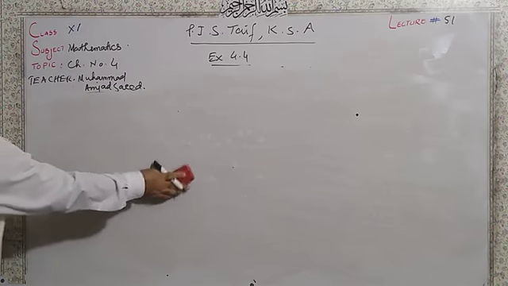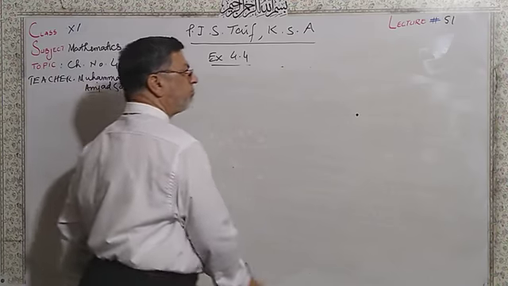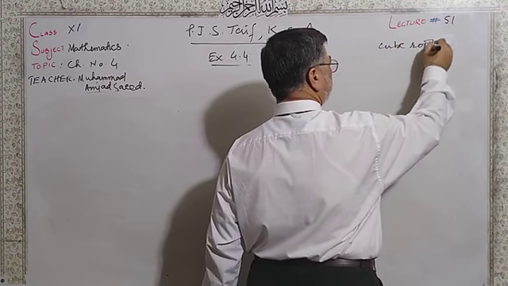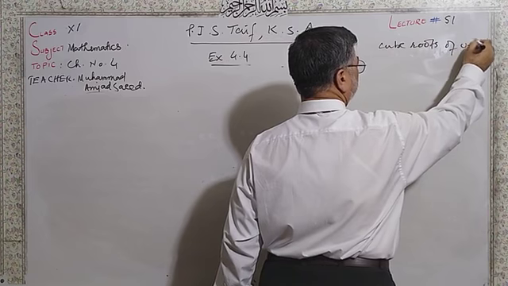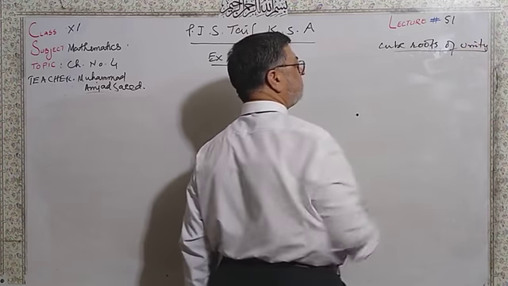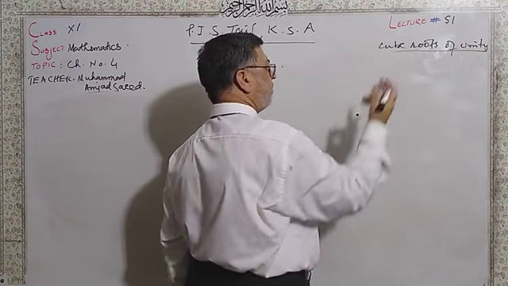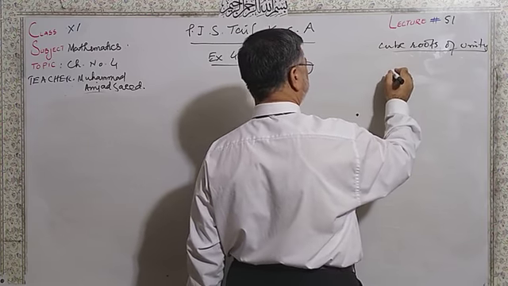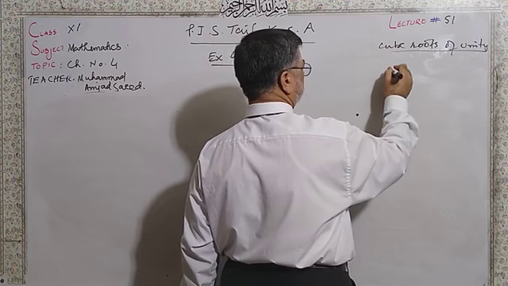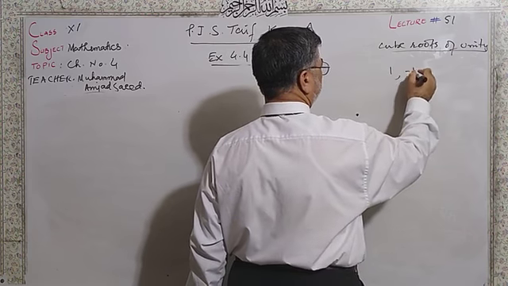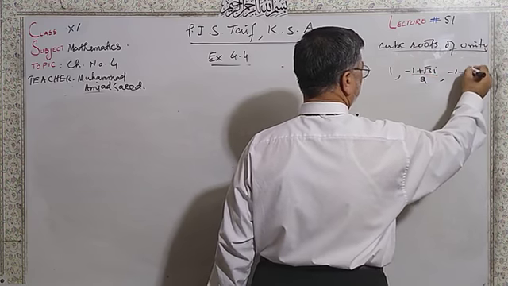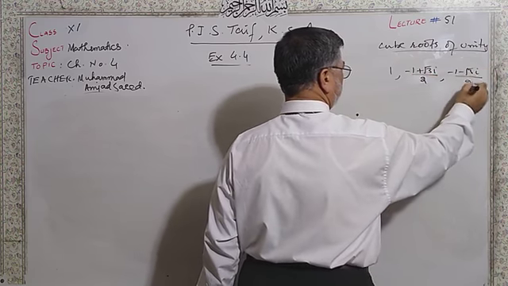Cube roots of unity. We have 1, minus 1 plus root 3 iota over 2, minus 1 minus root 3 iota over 2.